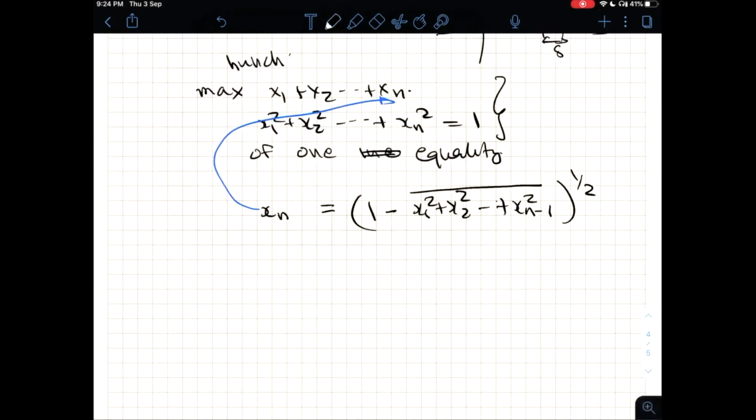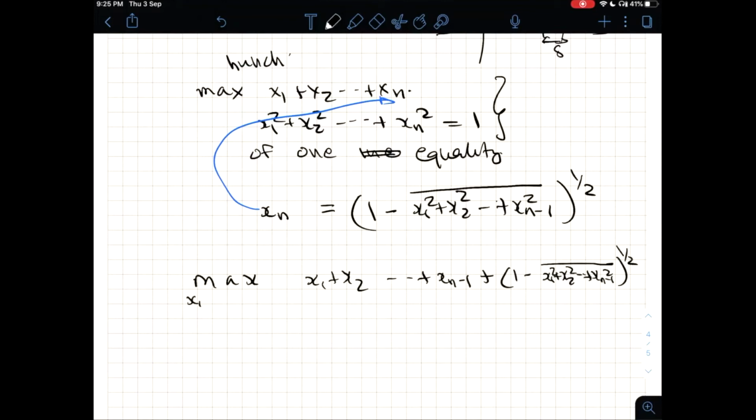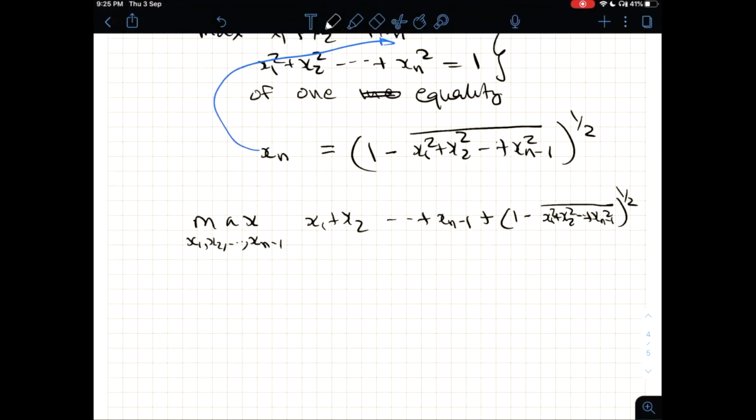So my objective function now becomes: maximize x1 plus x2 up to xn minus 1 plus the square root of 1 minus x1 square plus x2 square up to xn minus 1 square, to the power half. And I'll write below max exactly what variables I am dealing with: x1, x2 up to xn minus 1. These are the variables which I have to set. So this is the objective function f.